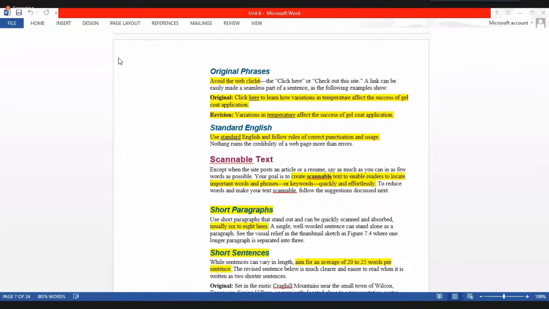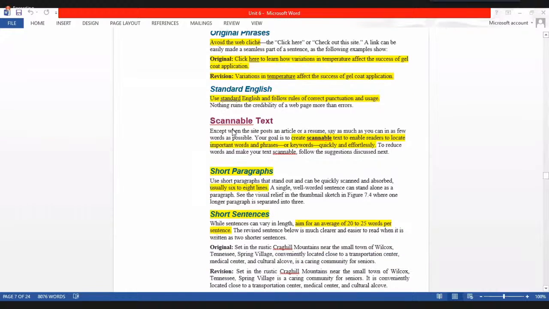You write it's, then you write number 4, and then you write you. Is it standard English? It is not standard English. So you have to follow the rules of correct punctuation and grammar.